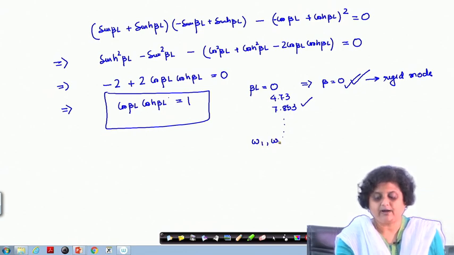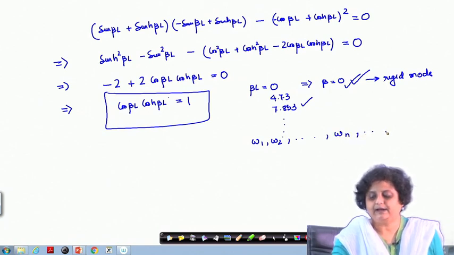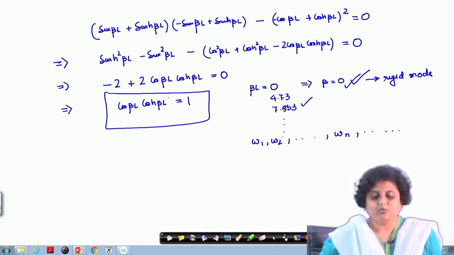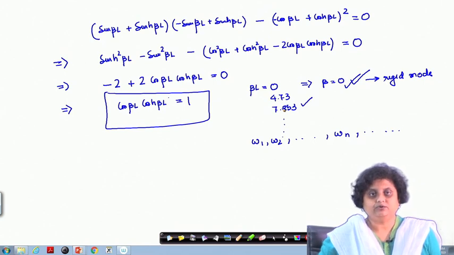So, now similar to the previous example, once beta L is derived, we can obtain the values of omega, omega 1, omega 2 and so on, infinite solutions of omega n corresponding to each numerical solution of beta L. And once omega or beta is obtained, we can find out the solution for C 1 and C 2, and thereby find out the solution for the mode shape numerically.